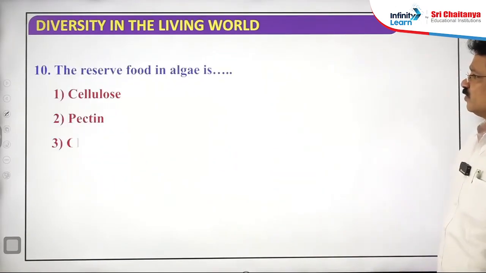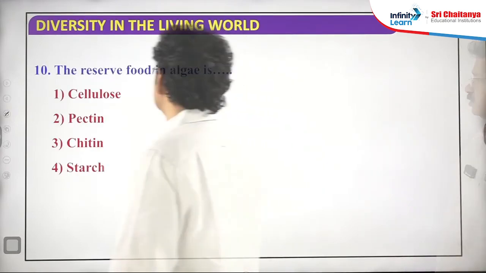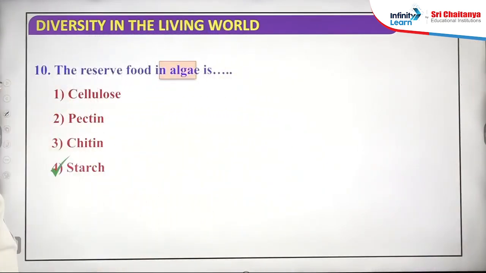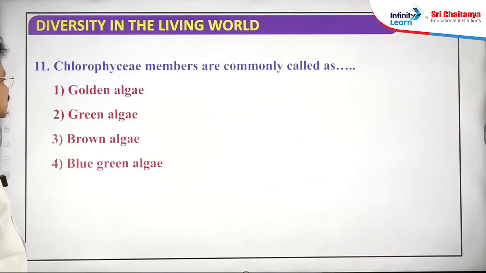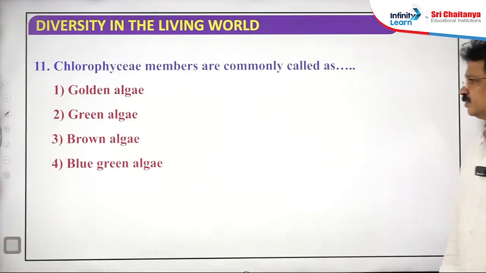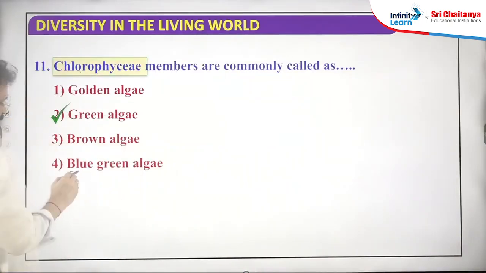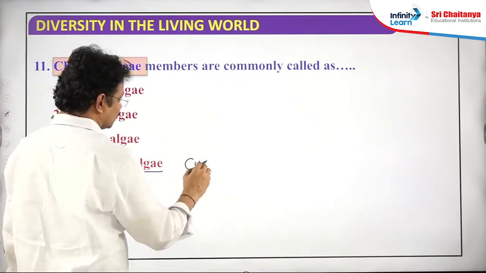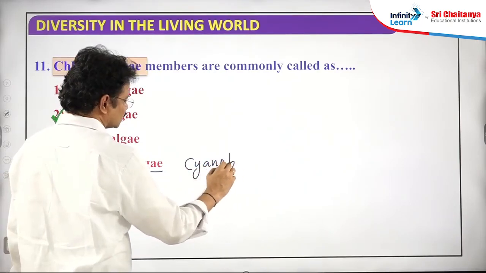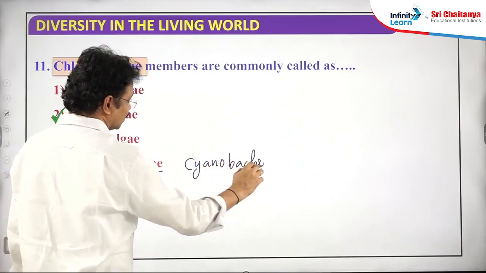Next question. What is the form of reserve food in algae? This question is already repeated. In algae, starch is a common form of reserve food material. Next, what is the common name of Chlorophyceae members? Chloro, green. Blue-green algae is another name of cyanobacteria.